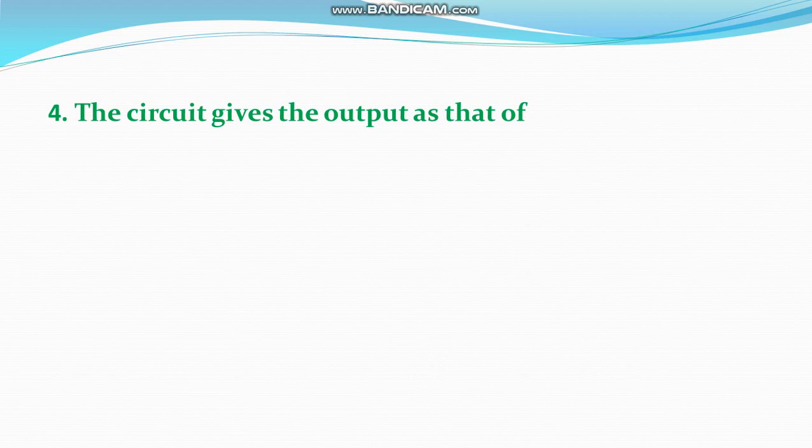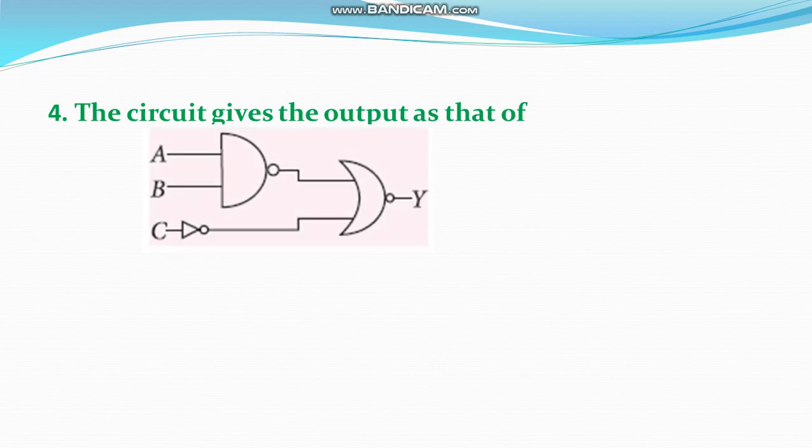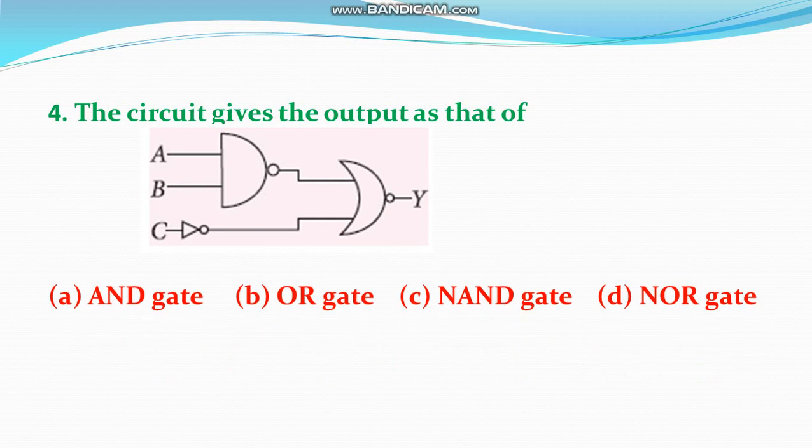For the next question, the circuit gives the output as that of, yes, which type of output does it give? See, this is a NAND gate, and this is NOT, and this is a NOR gate.